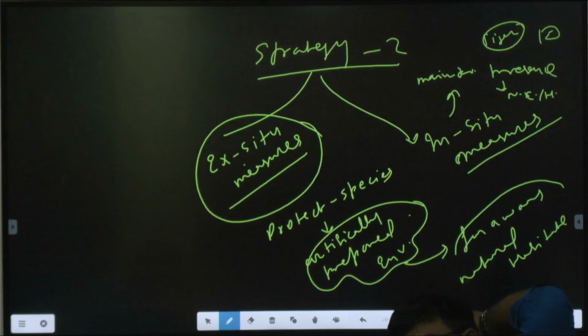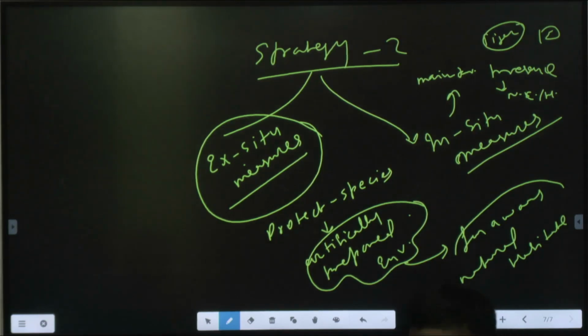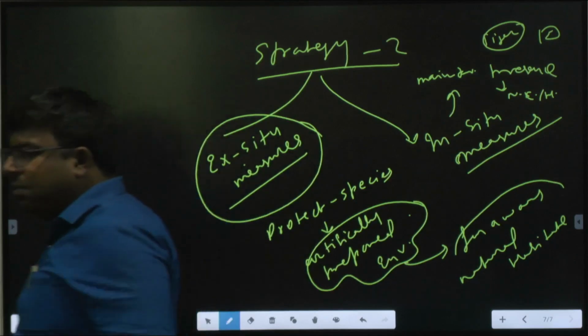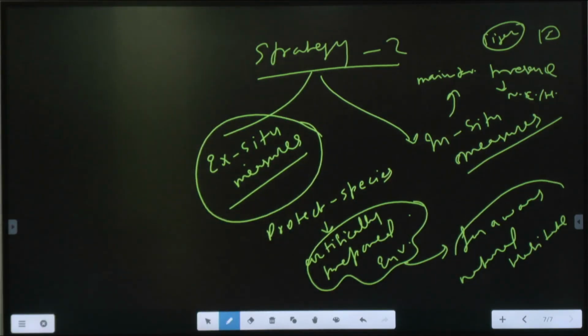And out of these 18 biosphere reserves, 12 reserves are also being protected under MAB program, Man and Biosphere program of UNESCO. That is the body of United Nations, right?